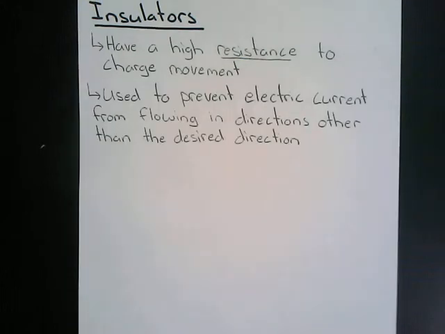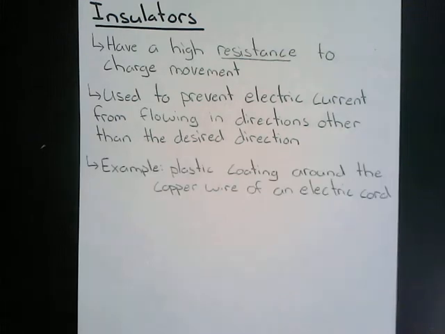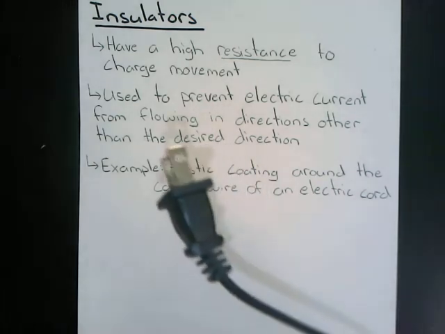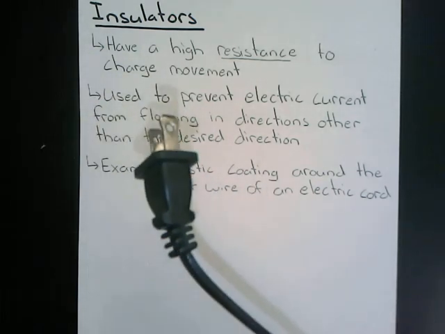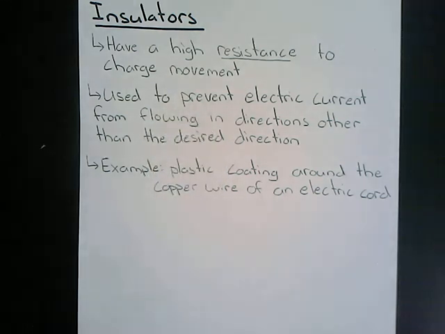A good example of this would be the plastic coating around the copper wire of an electric cord. This plastic part keeps the current from escaping into the floor or into your body.